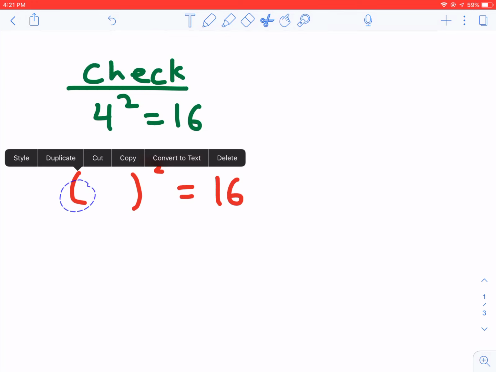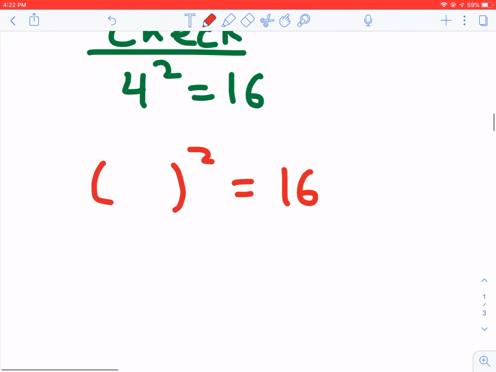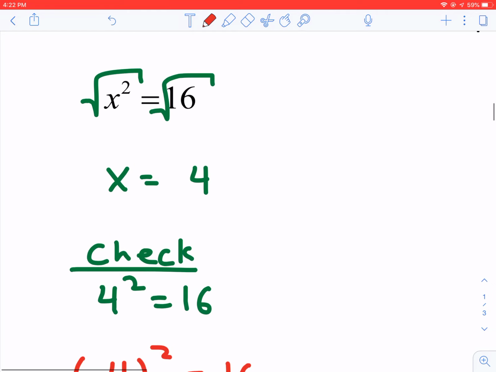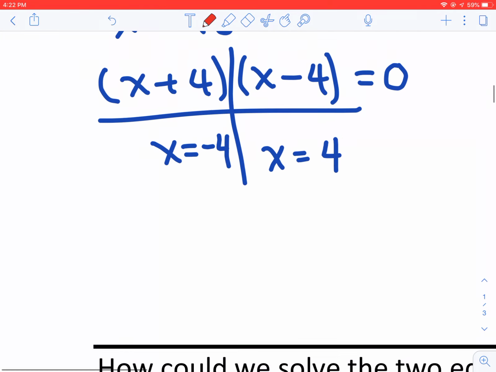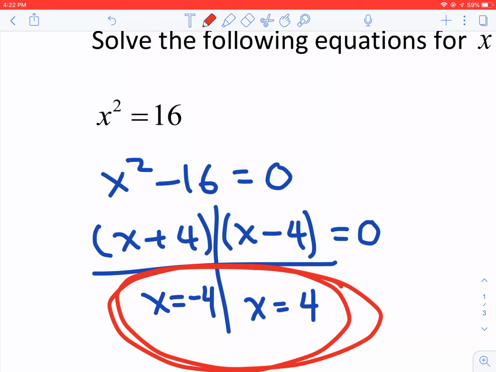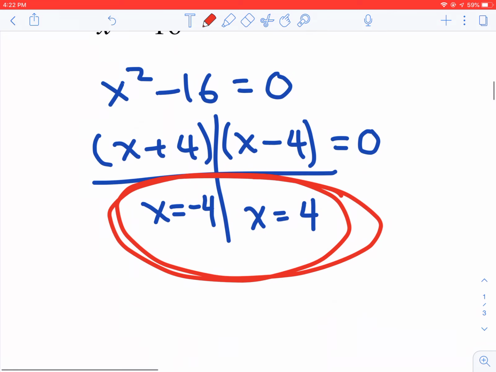So think about it. But isn't negative 4 squared also equal to 16? Negative 4 times negative 4 also equals 16. And we know that also because, let's take a look. Didn't we get two solutions here? Negative 4 squared and positive 4 squared equals 16.